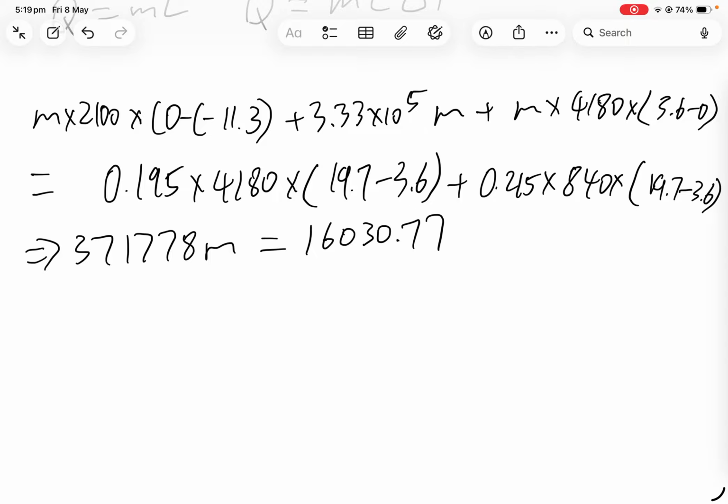Divide that by 371778, and that means m will equal 0.0431 kilograms, which means it is 43.1 grams.